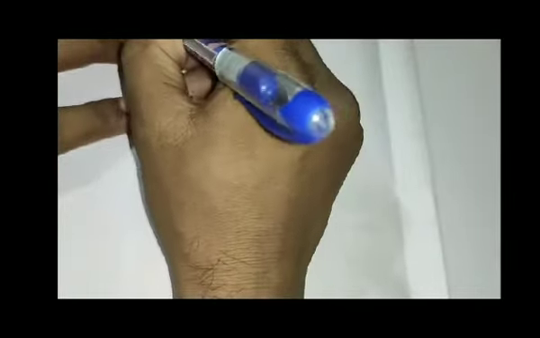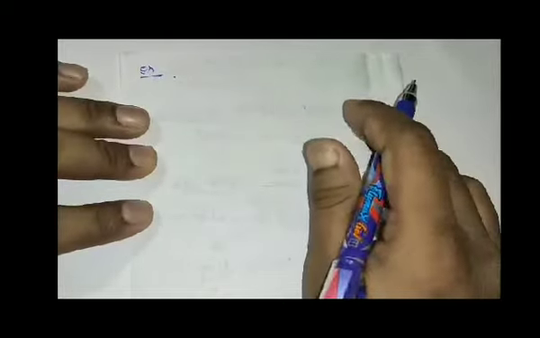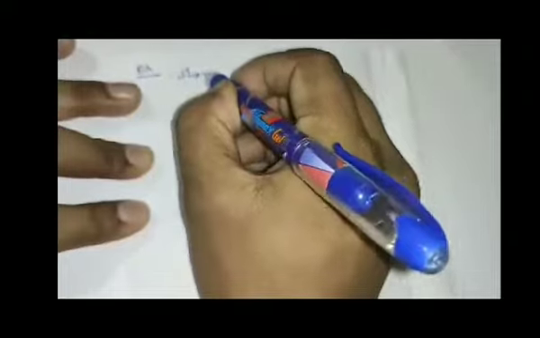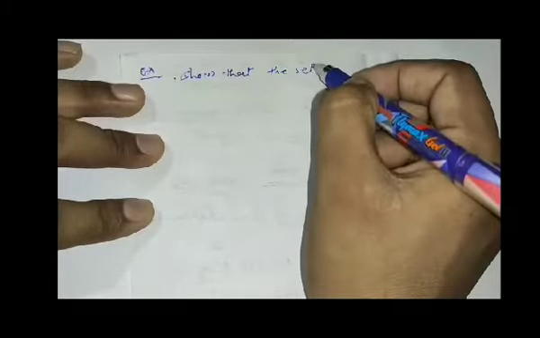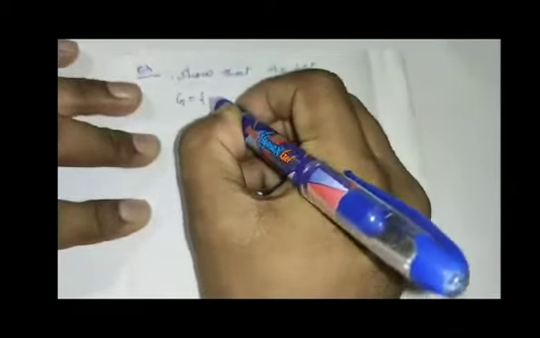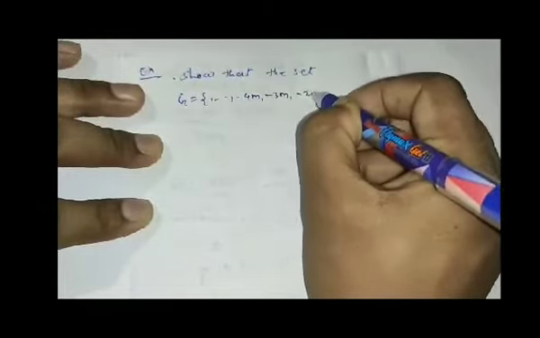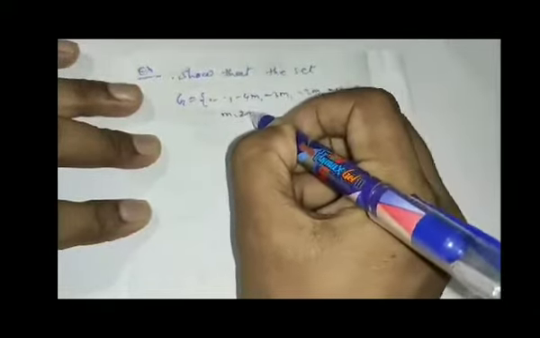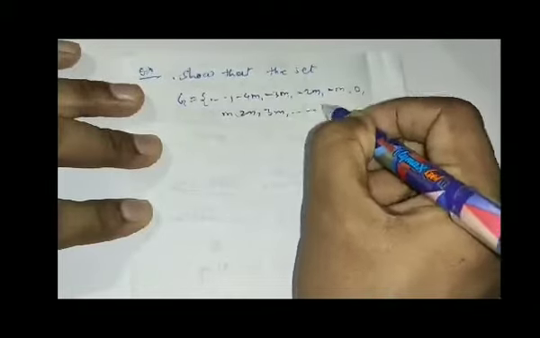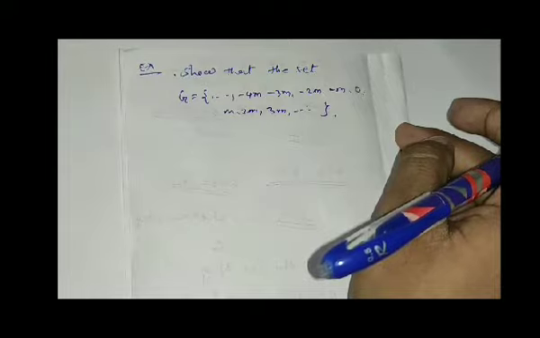Next example we discuss. Show that the set G is minus 4m, minus 3m, minus 2m, minus m, 0, then m, 2m, 3m, and so on. That means this set is the multiples of integers by a fixed integer m.